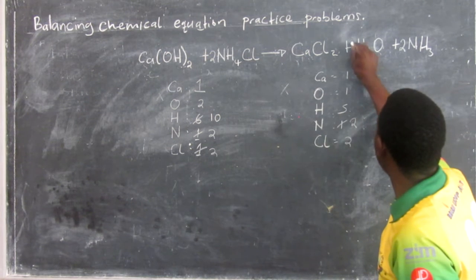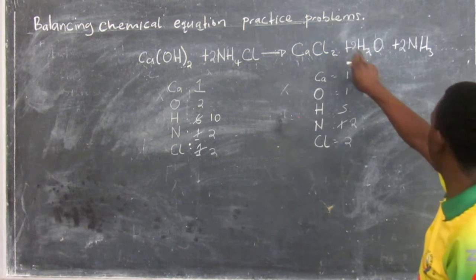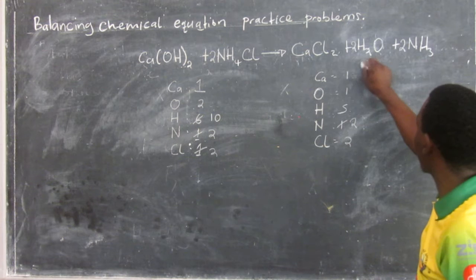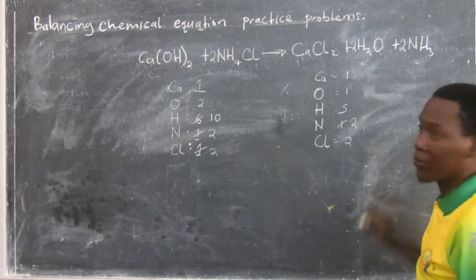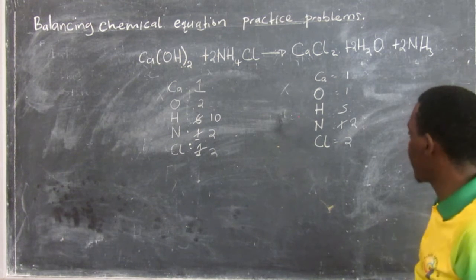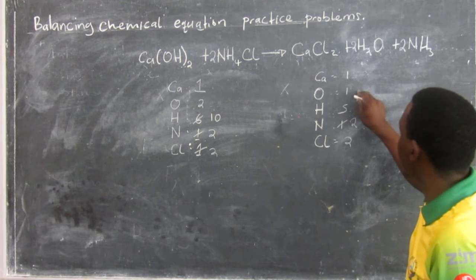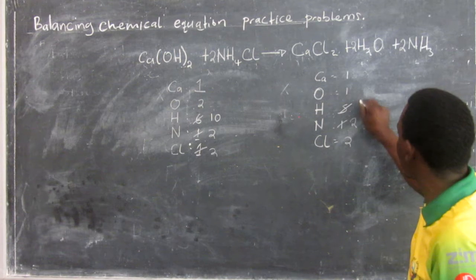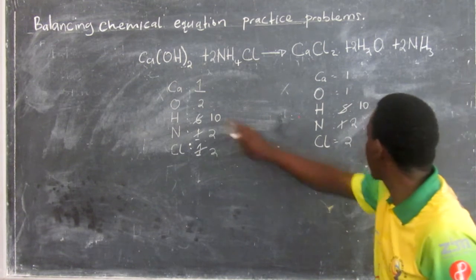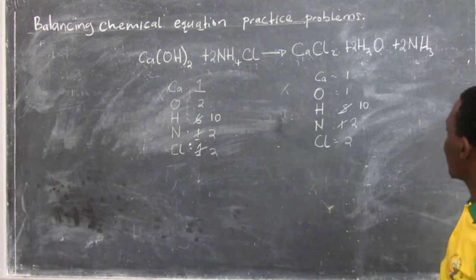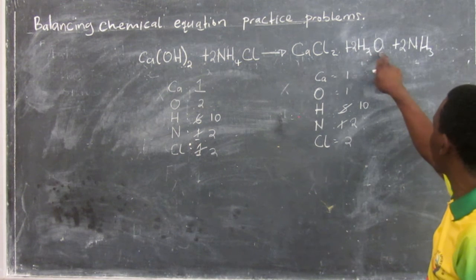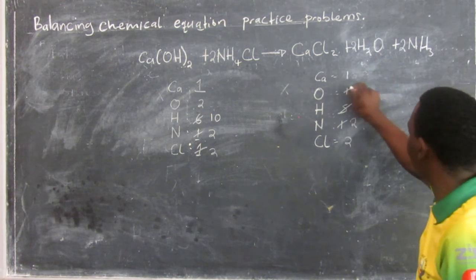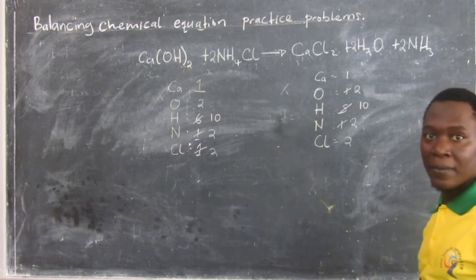Meaning that if I put a 2 here, this one will be 2 times 2, that's 4 hydrogens. 2 times 3, those are 6. 6 plus 4 will give us 10. Meaning that here it will be 10 hydrogens, hydrogen is balancing also. When you move further to oxygen, 2 times 1 gives us 2, meaning that this one will come to 2 oxygens.